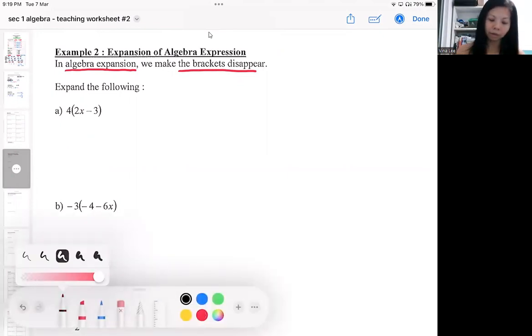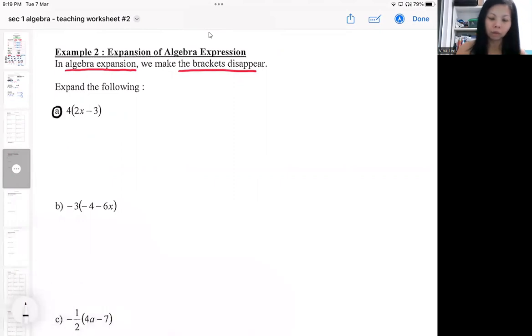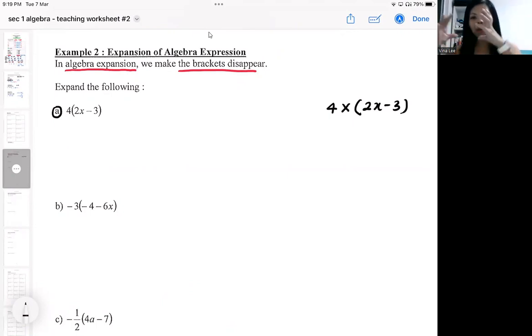For example, for part A here, you've got a 4 and a bracket. So the meaning is actually 4 multiplied with a big bracket. You must take turns to multiply because 4 is multiplied to the full bracket.